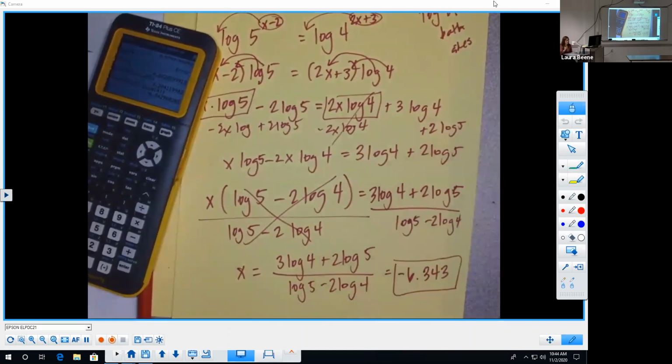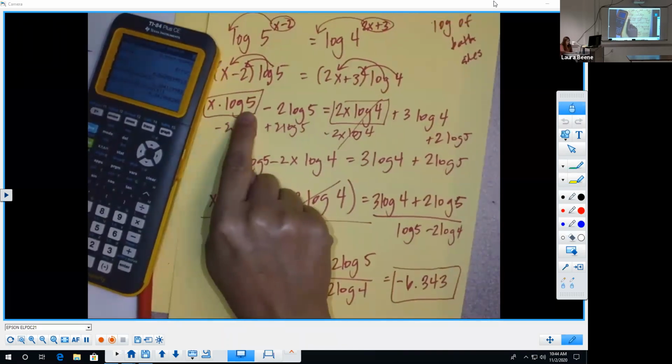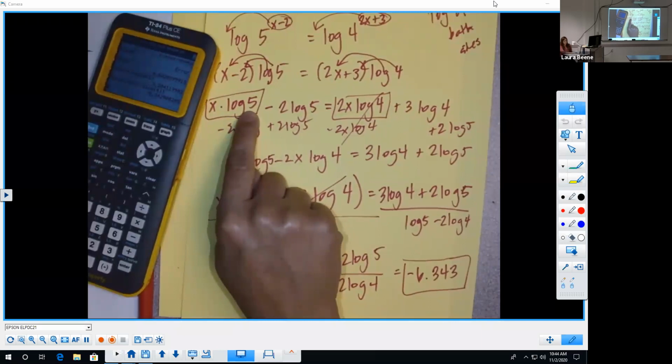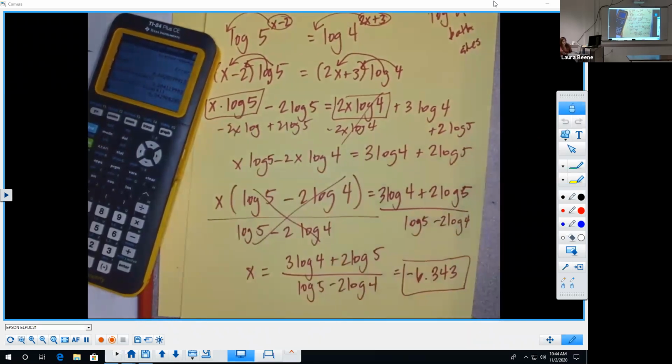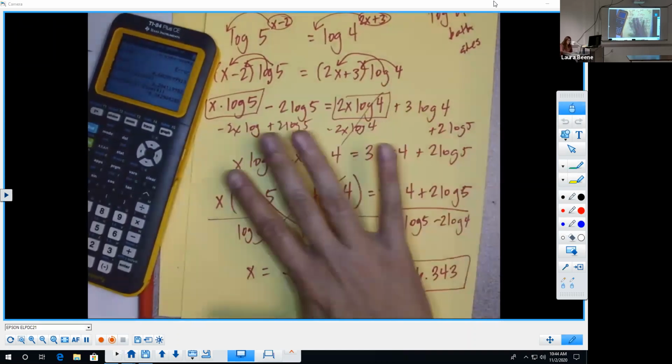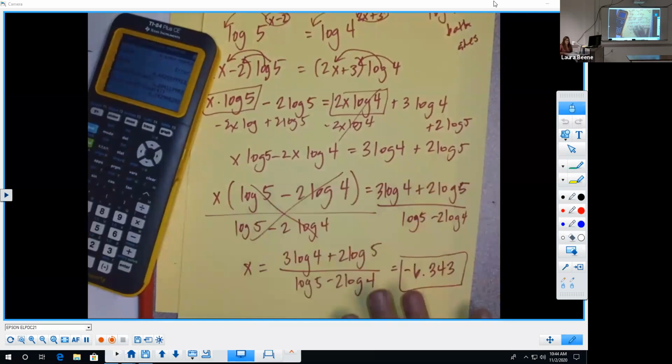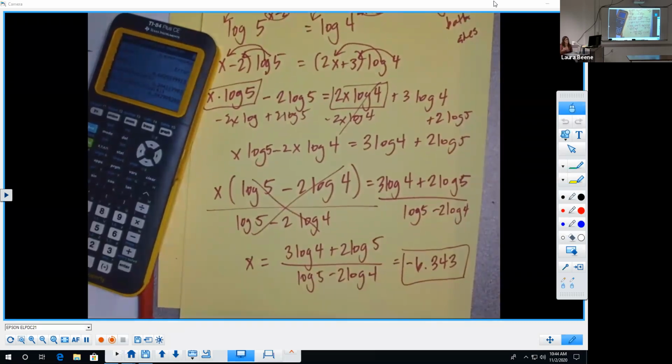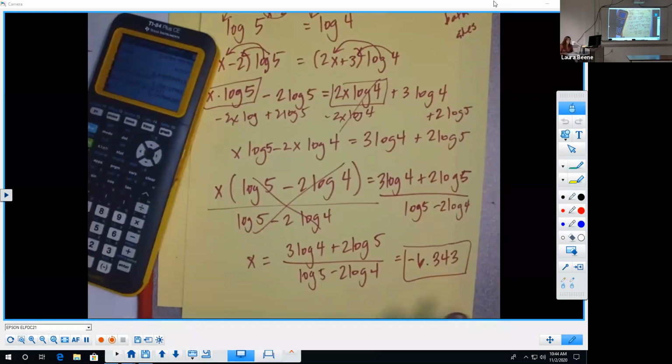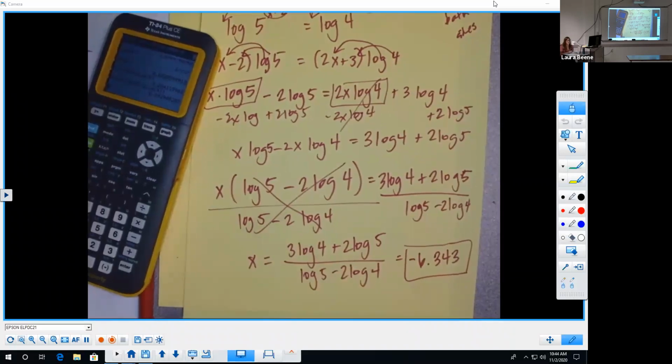For me personally, I would rather write log 5 than a decimal that's 6 or 7 decimal places. It's gibberishy, it's ugly, but it's less writing. And so that's what I prefer. But feel free to use your decimals as long as you keep them super long and not rounded off.